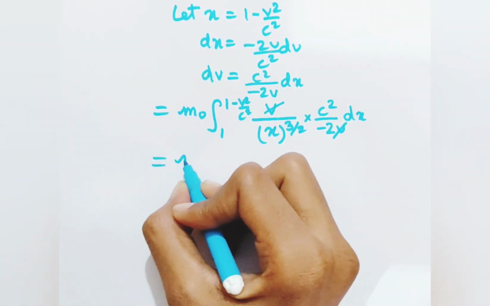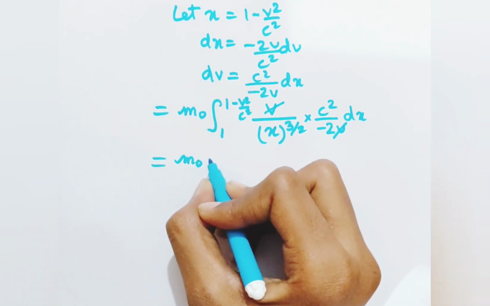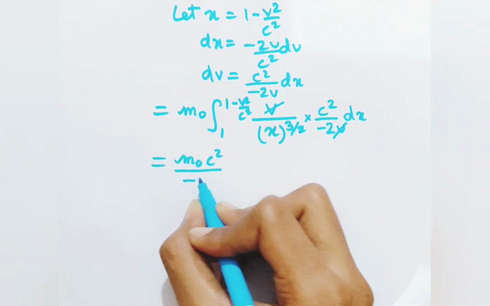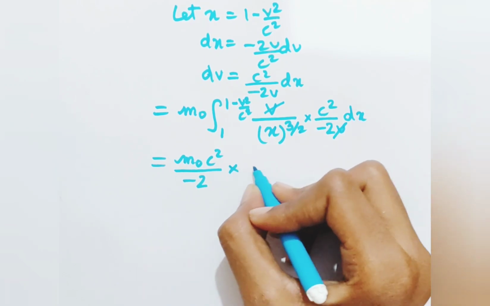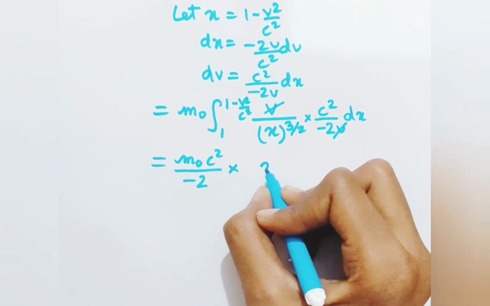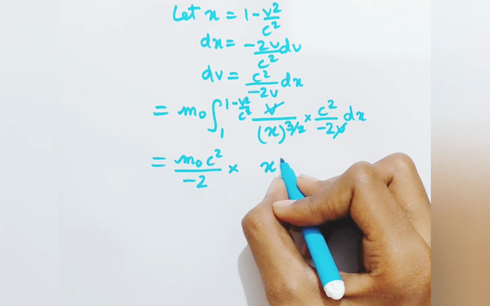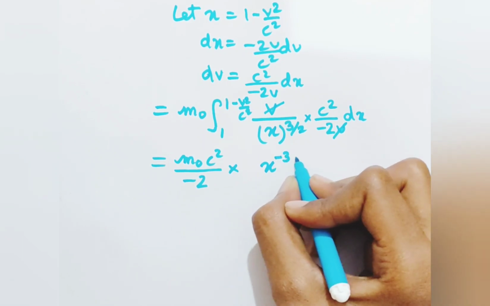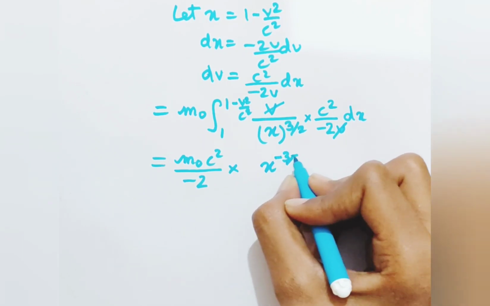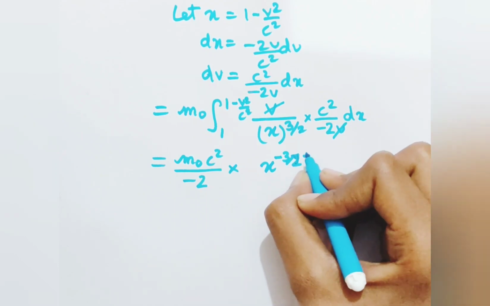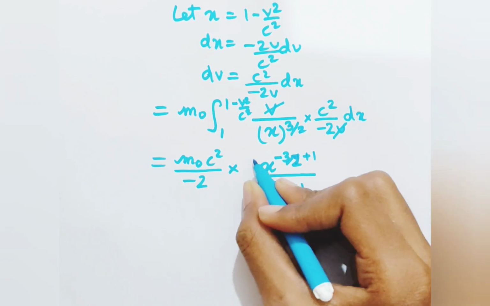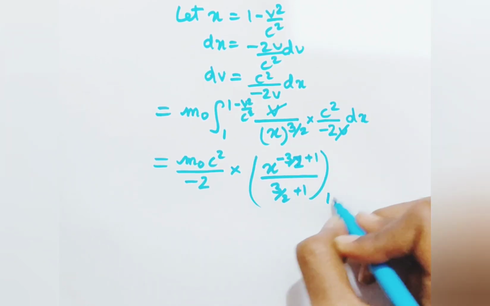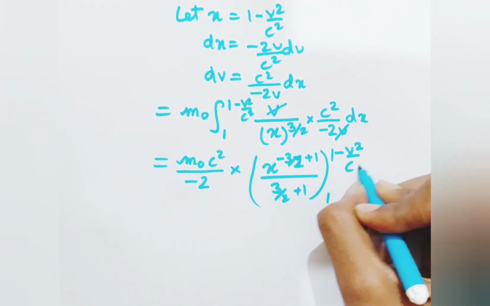and rewrite this expression as m naught c squared divided by negative 2 multiplied by x to the power of negative 3 over 2 plus 1, divided by negative 3 over 2 plus 1, integrating from 1 to 1 minus v squared over c squared.